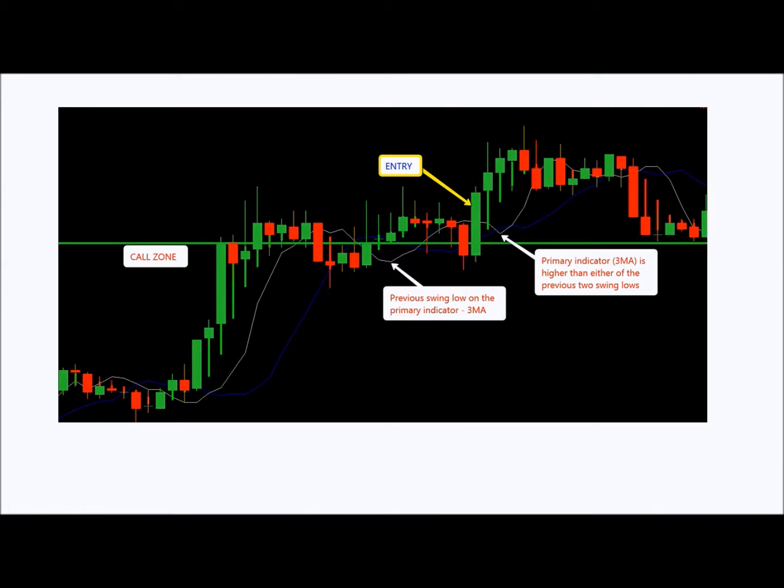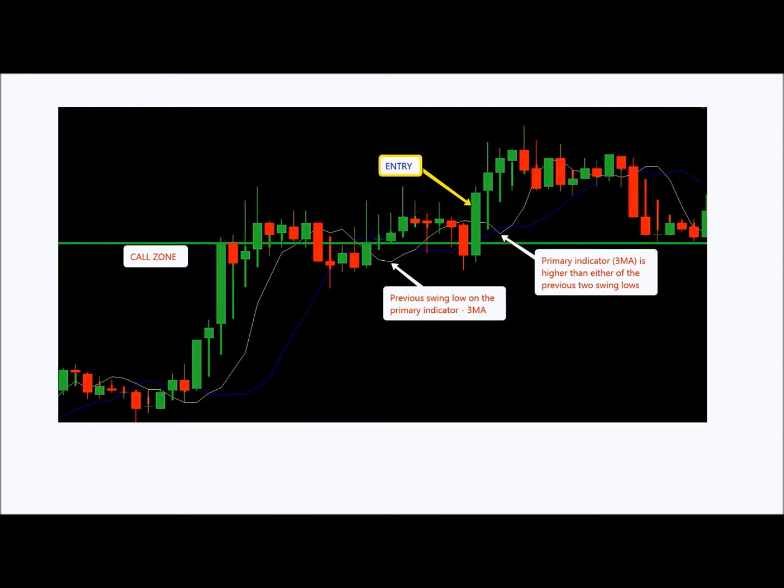On this screenshot, look at where I have put the entry arrow, the yellow one. That is an entry, but why is it an entry? We have the call zone here, it's the green line right here. And all the way to the right, it says the primary indicator, that's the 3 moving average by the way, is higher than either of the previous 2 swing lows.